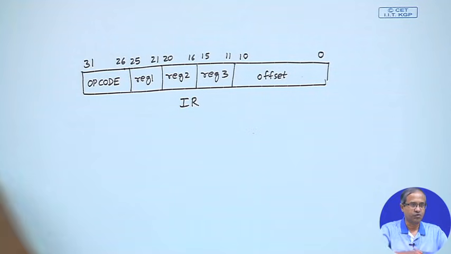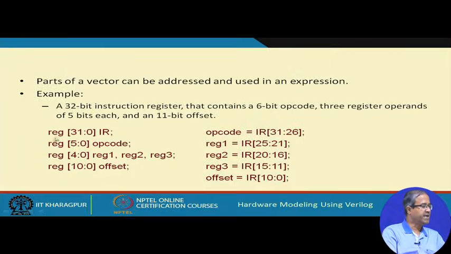right. So, what I can do is something like this. I can declare this register IR, 32-bit, and I can declare the individual fields also. Opcode is a 6-bit field, reg 1, reg 2, reg 3 are 5-bit fields, 4 to 0, offset is an 11-bit field.